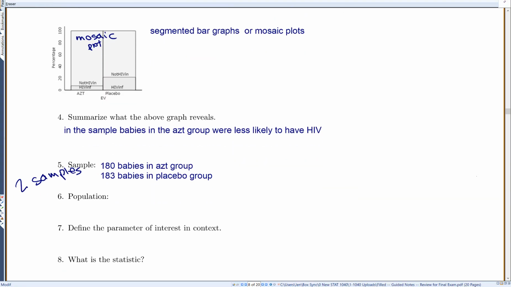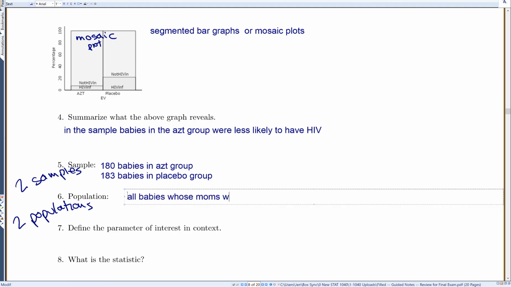And then we would actually have two populations. So we could have all babies whose moms were given AZT, and we could have all babies whose moms were not given AZT.